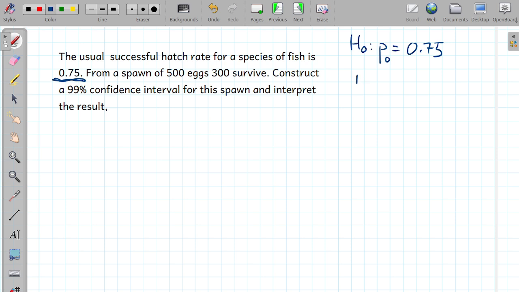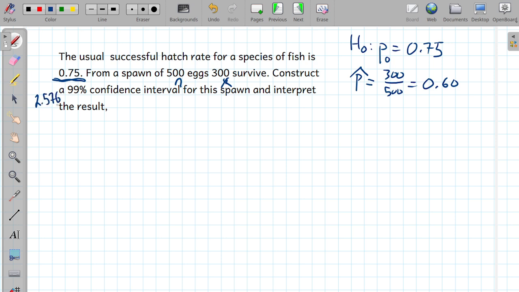Again, I didn't give us p hat, but we can compute it. P hat is the success condition count divided by the total. So this is 0.60. Because here's n, and this is the success condition. 99% confidence has a critical value of 2.576.